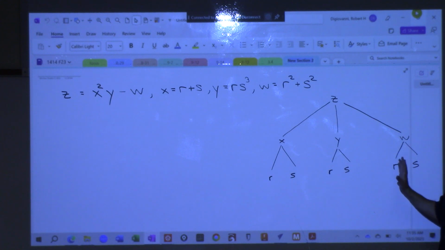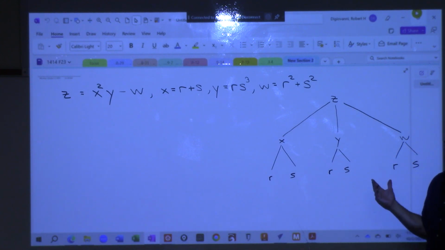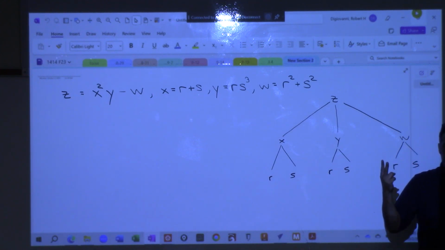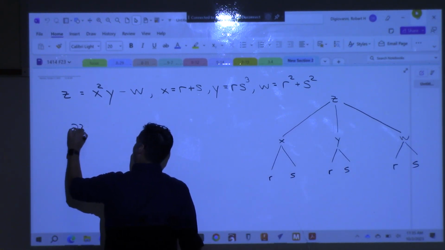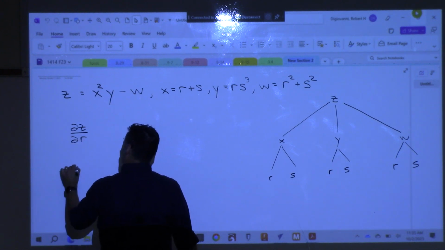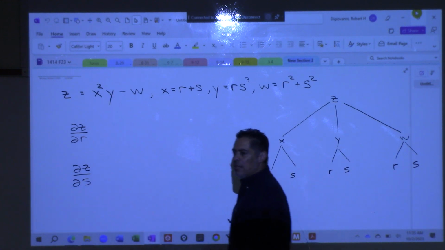I agree with that, but ultimately, what does Z depend on? How many things? 2 different things, right? R and S. So that means there's only 2 derivatives possible. And what are they? It's the partial of Z with respect to R and the partial of Z with respect to S. Those are the only 2 that are possible.